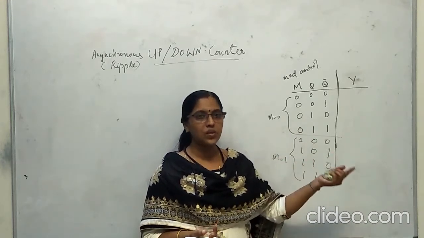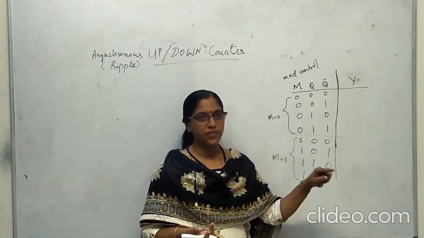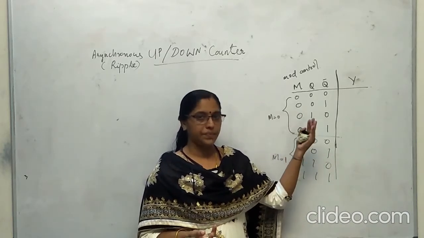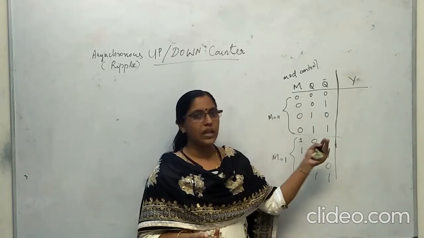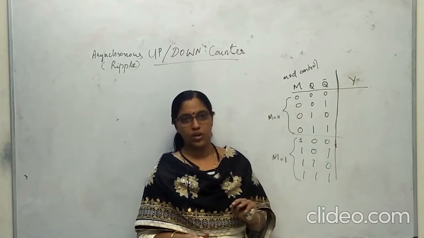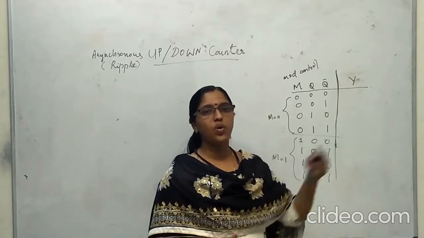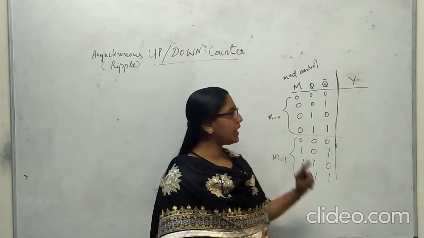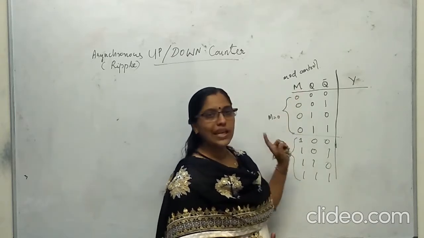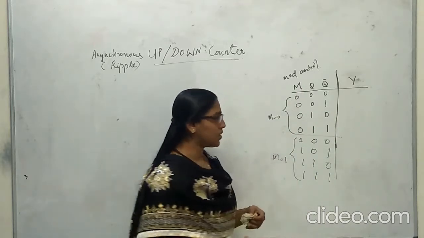If you are connecting Q to the next flip-flop, and it is a negative triggered flip-flop, then it will work as an up counter. And if you are connecting Q bar to the clock, then it will work as a down counter. So we have to choose either Q or Q bar depending upon this control input. That is what we are going to see here.